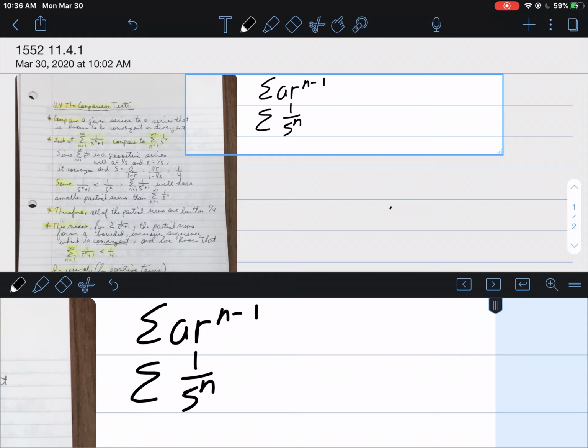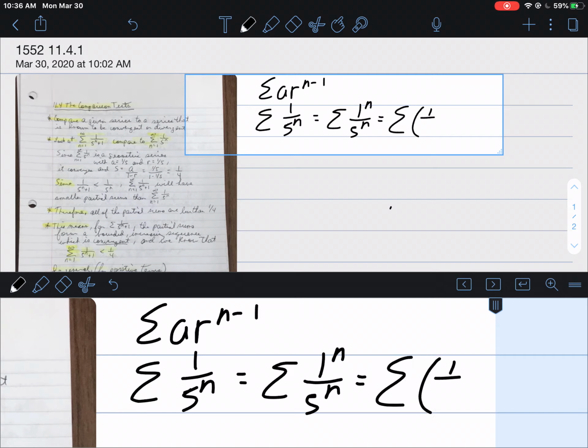And so I'm looking at recognizing a series that takes on that format. Well, see if you agree with this. I can take 1 and express that as 1 to the nth power. All right, as n goes from 1 to infinity, that's going to give me 1, right? 1 to the n. I could then take that and write it as (1/5) to the nth power, right? Using our properties of exponents.